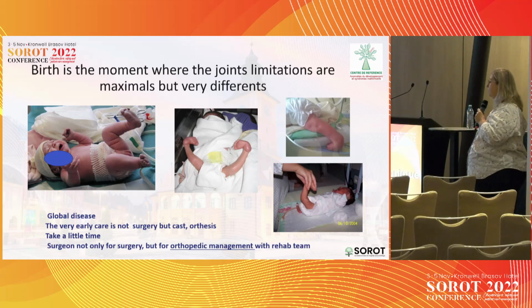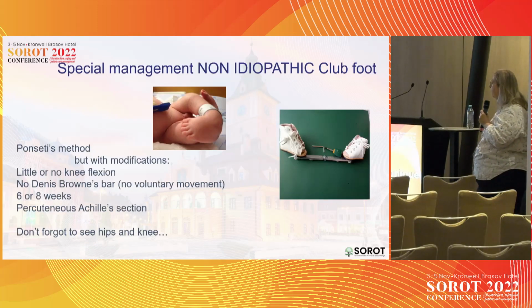Remember, it's not surgery at the very early stage, but casts and orthoses, orthopedic management. For example, if you take care of club foot, in AMC it's not idiopathic club foot, it's special.